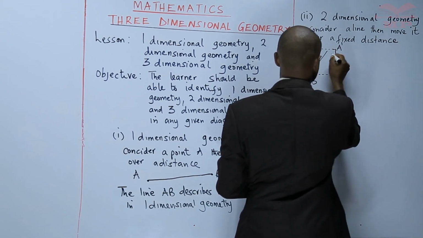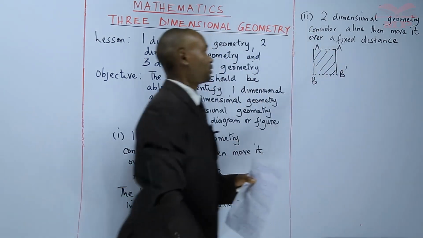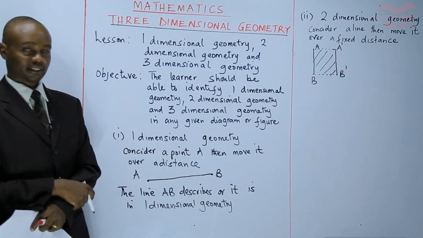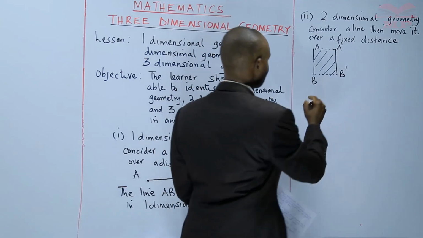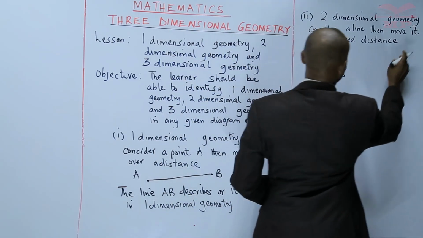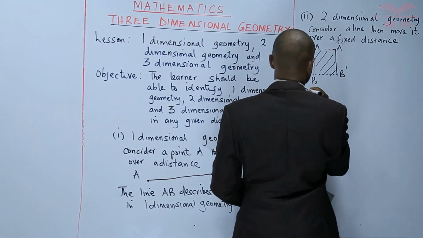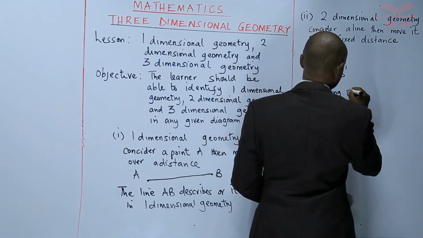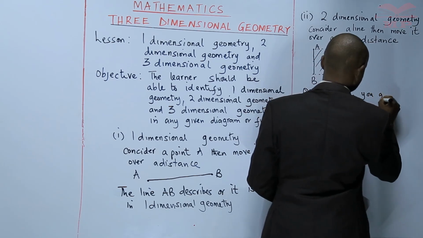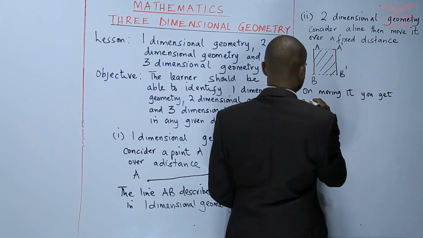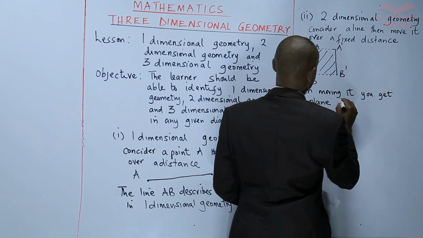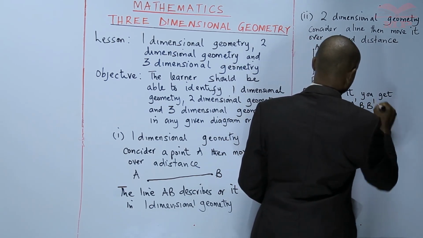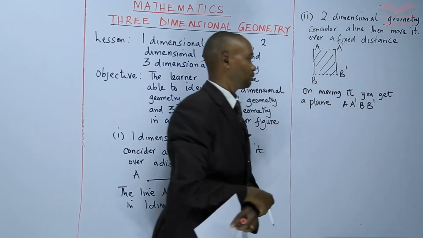You'll end up with an area. On moving it, you get a plane A prime B prime. That was the fixed distance I moved.